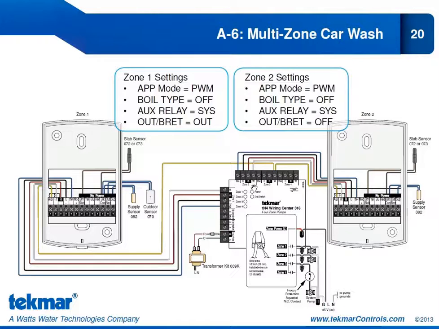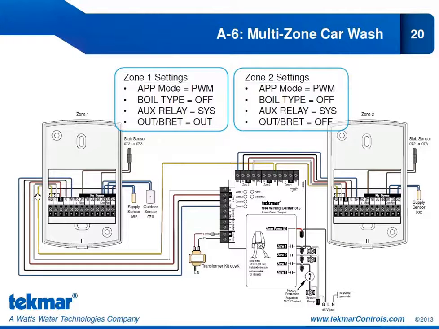Now you'll notice we are also using the auxiliary relay from Zone 1 and the auxiliary relay from Zone 2. And that's because we're going to be using the Zone 3 input on the 316 to operate our system pump. Now we want that system pump to operate continuously whenever we are in melting, idle, or storm.